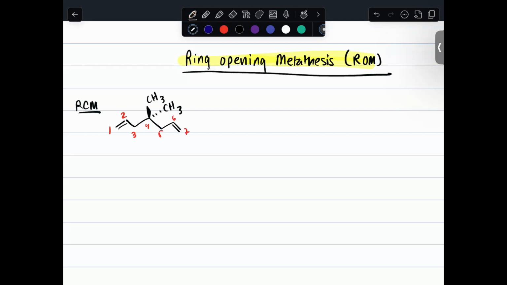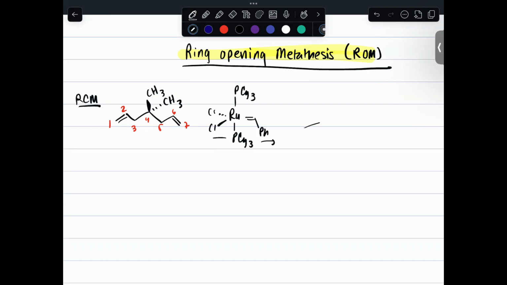And I told you you treat it with Grubbs first generation catalyst, and your product was a five-membered ring. And I'll continue to number this as well.